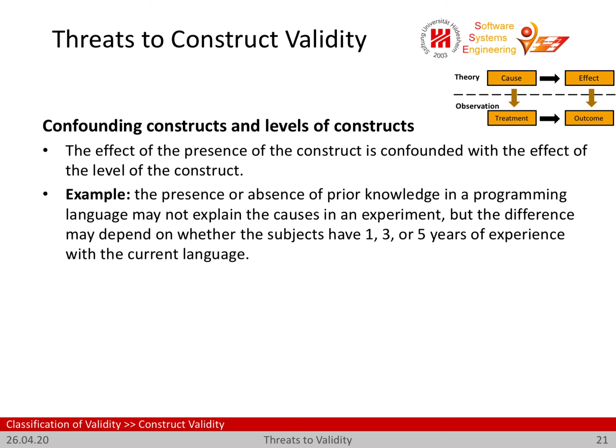So it's the amount that may have an impact as opposed to just whether there's a yes or no relationship. In that case, the construct validity would be impaired and we would not have an adequate construct representation.